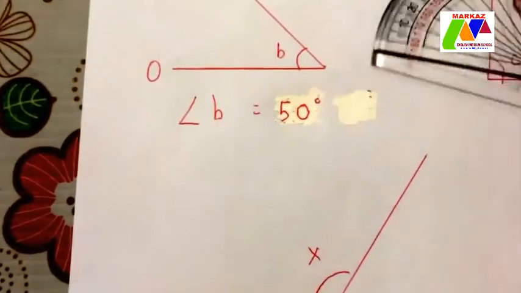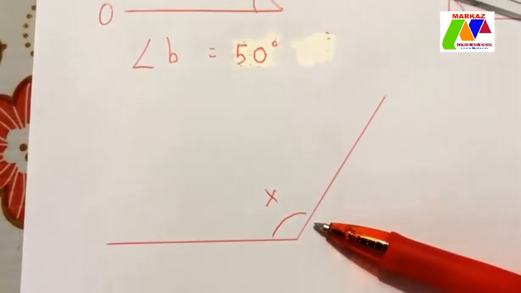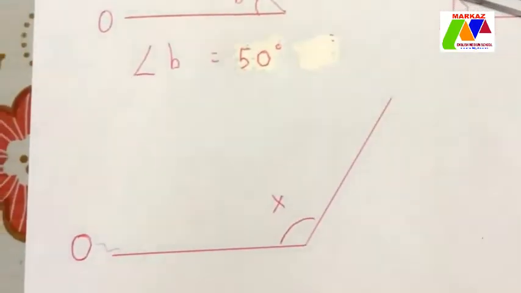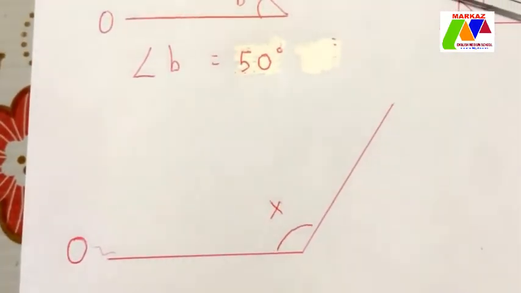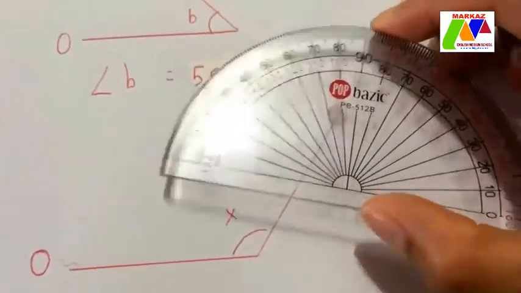Next, look at another example. Here angle X. Put 0 here. Put the protractor center point on the vertex of the angle.